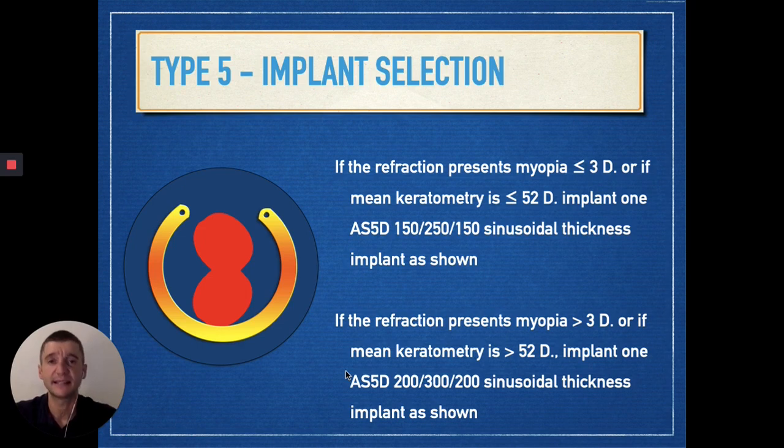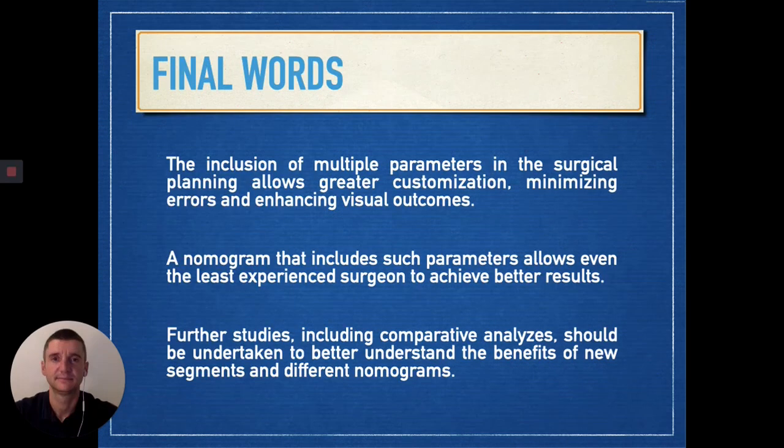We have less experience with this kind of segment, but we are seeing in our study great results with it. All of this is available online, so you can check the nomogram online. If I'm not mistaken, it's KERATOCONUS online. You can have the whole nomogram to access and start doing your planning.